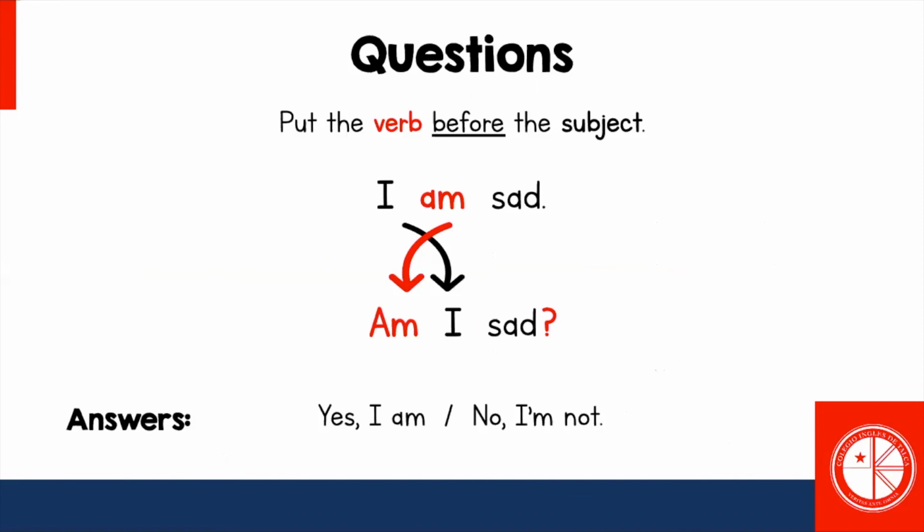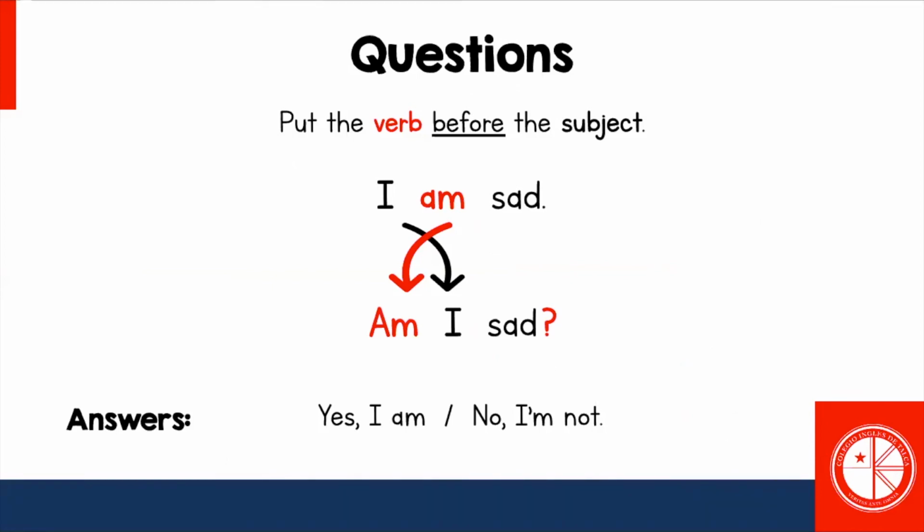You know that when we use the verb to be, we can also create some questions. And for these questions, we have to put the verb is or are before the subject, before I, you, we, he, she, whatever. So in this case, we have I am sad.